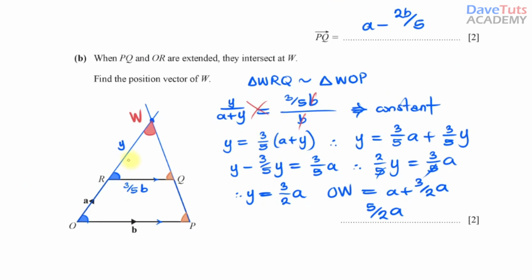And just for the sake of explanation again, we are relating vectors and similarity of triangles here in such a way that we can actually find the proportionality between them. And for this particular case of W, we just bring in those similar triangles and we're able to find the position vector of W as nothing but 5 over 2A.